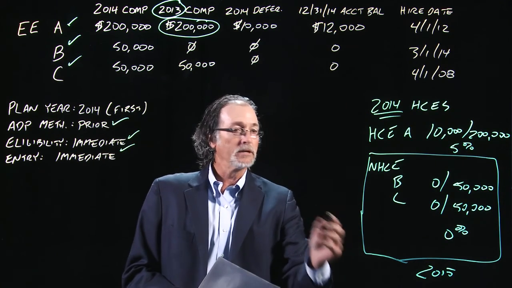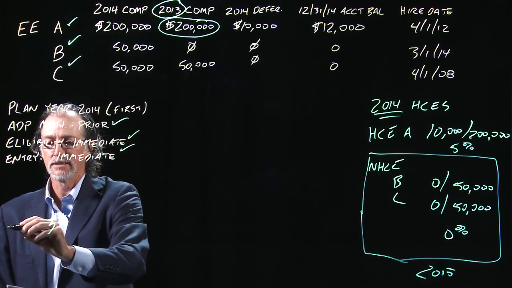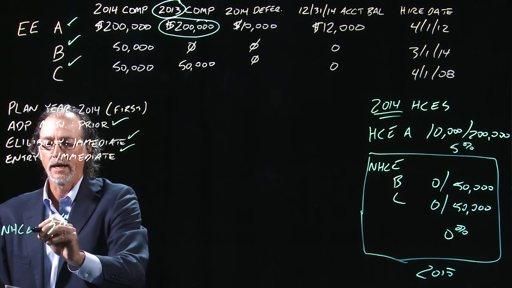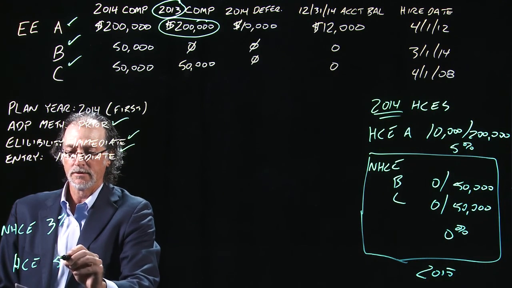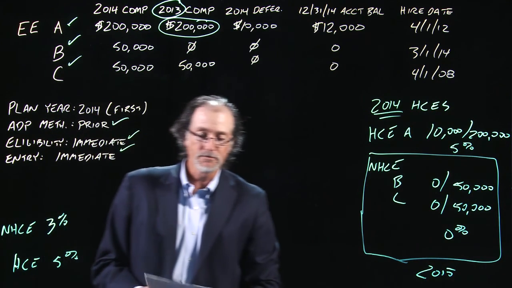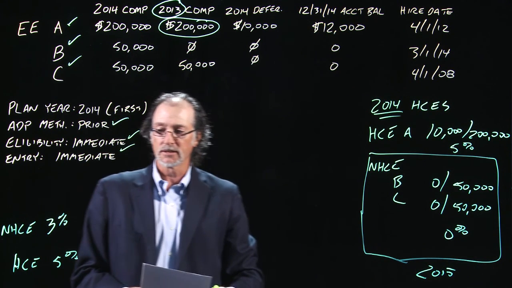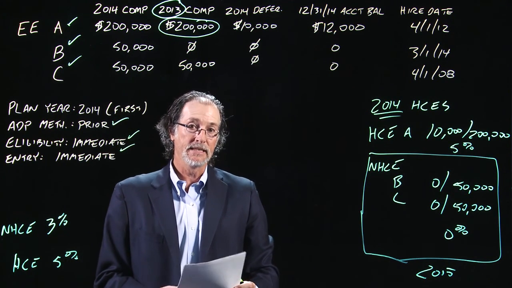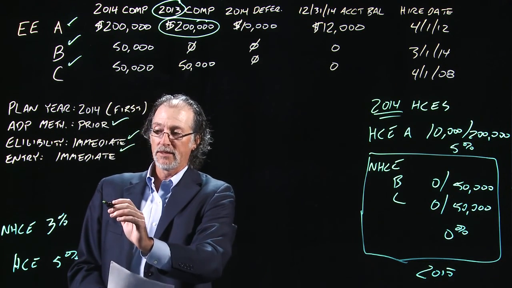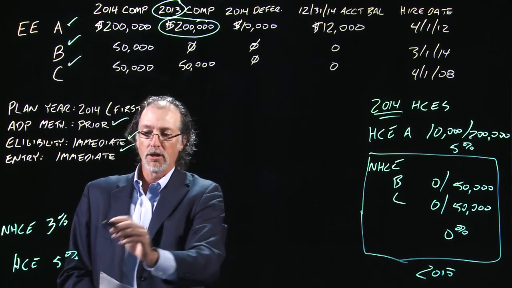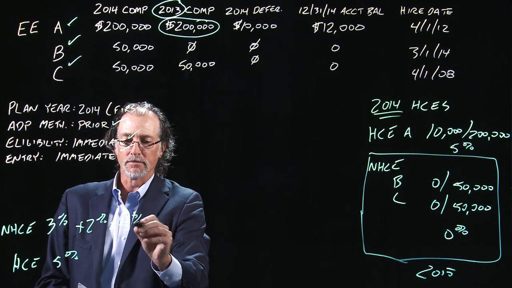So we're going to compare 3%, that's the NHCE rate, to the HCE rate of 5%. Now, if you look at your chart on the answer key, and also in our video sessions, to determine the maximum HCE ADP they can contribute in a given year, you take the 3% plus 2%, and now you have your maximum.